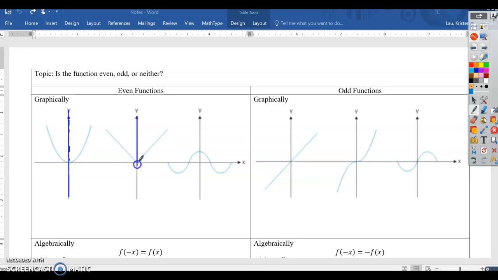If I folded this graph along the y-axis, just like so, the left side of the graph and the right side of the graph are the same. So it's a reflection over the y-axis, or it's symmetrical about the y-axis.